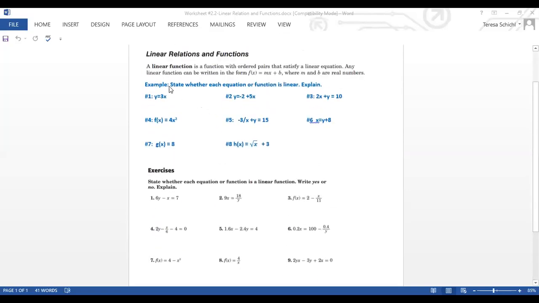As always, I'm going to work the examples, written in blue, and the remaining part will be the exercises for you to do.